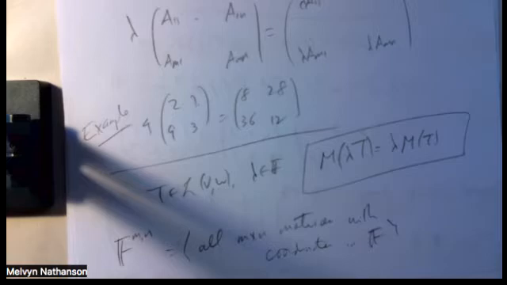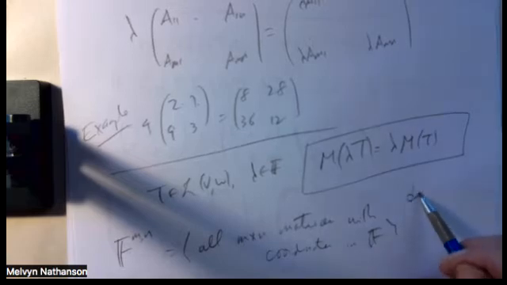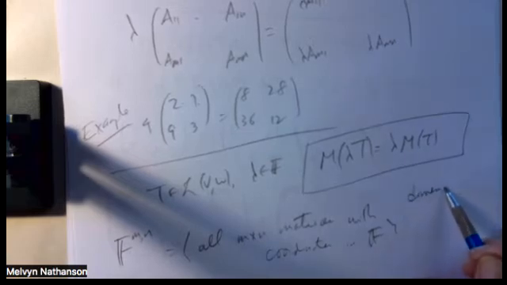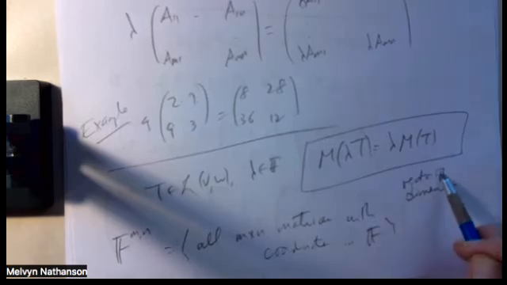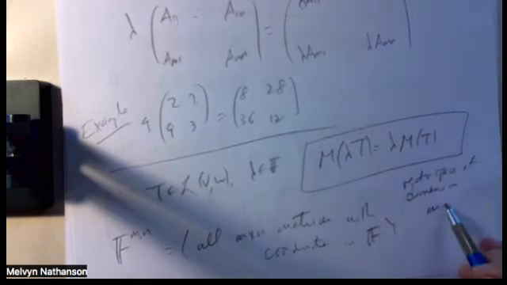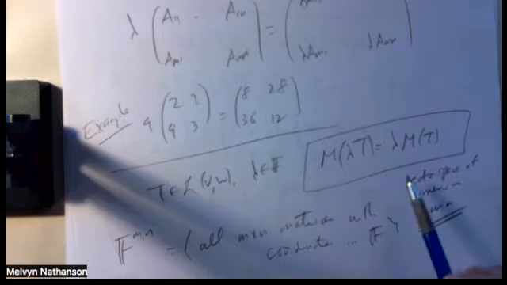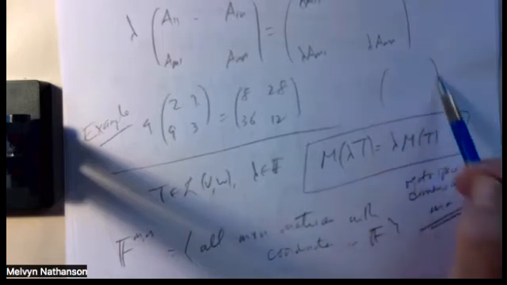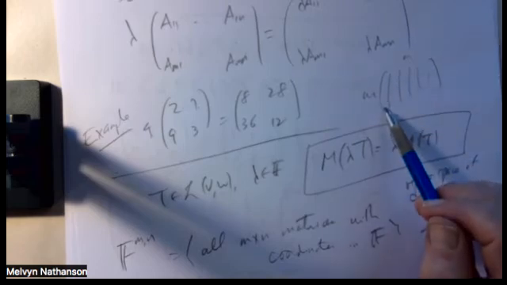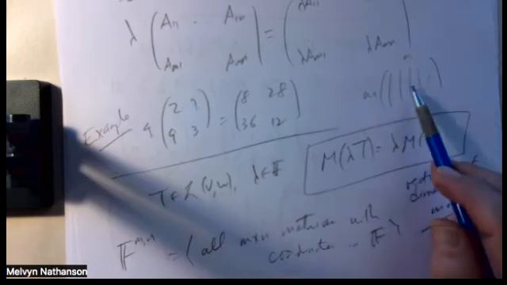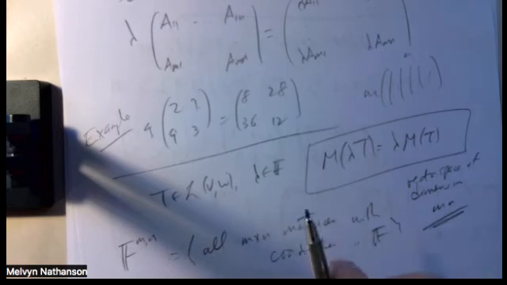And with the operations of matrix addition and scalar multiplication of matrices, we can check that this is a vector space of dimension m times n. So if you have an m by n matrix, you have m times n coordinates, and that is exactly the dimension of this vector space.